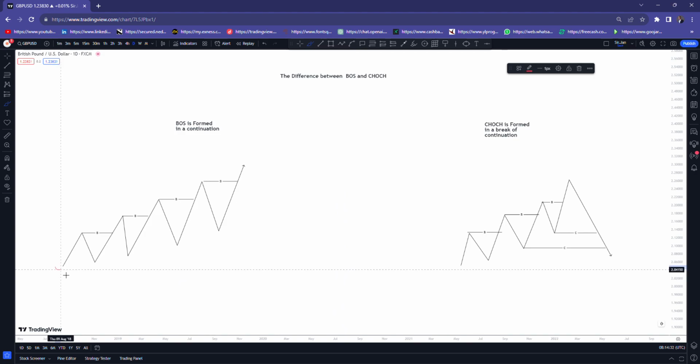This is your low, this is your lower high, this is your lower low. Your higher high, lower high, higher high, lower high, higher high, and it continues.